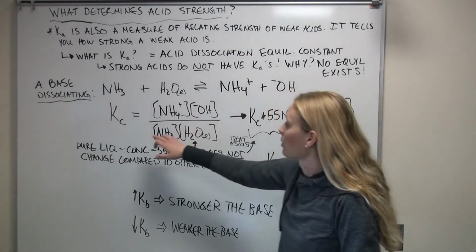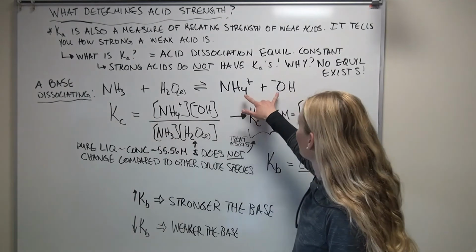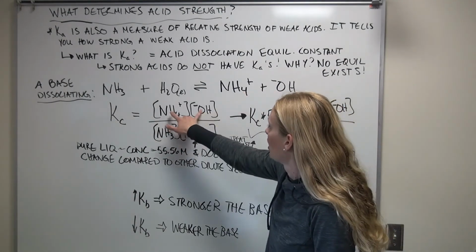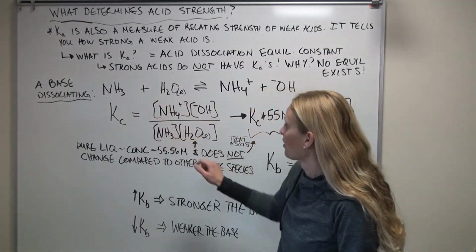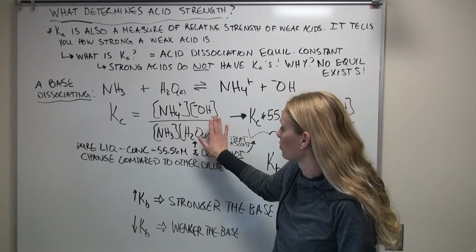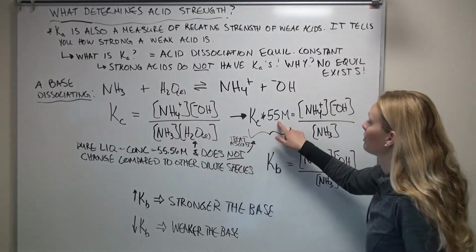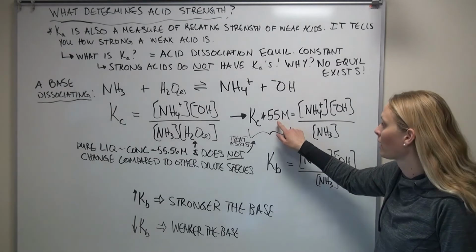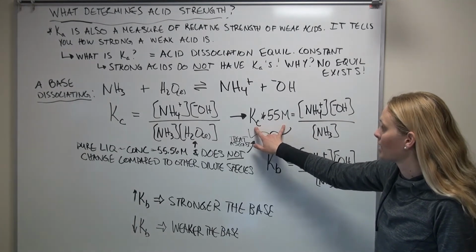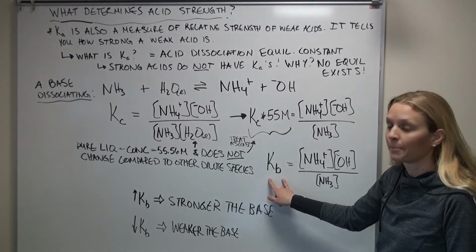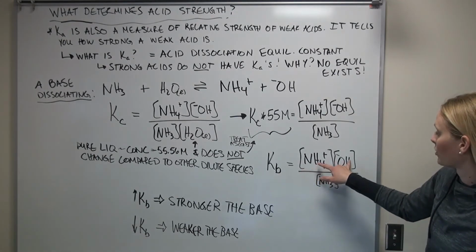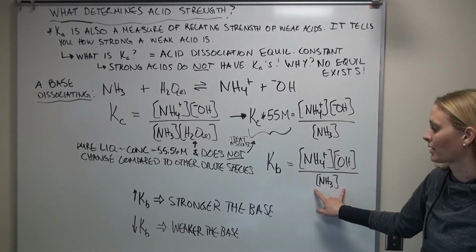If I were to write the equilibrium constant K for that, that would be concentration of products over reactants, right? Again, water is a pure liquid, so we're going to treat that as constant. If we put the 55.55 molar in there, then that term times Kc becomes Kb, all right? And then we just have concentration of products over reactants.